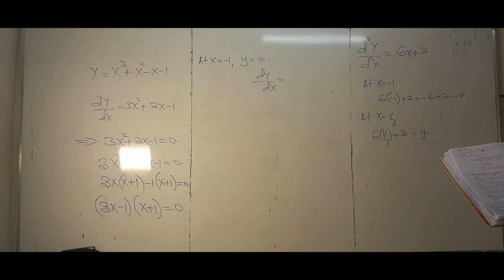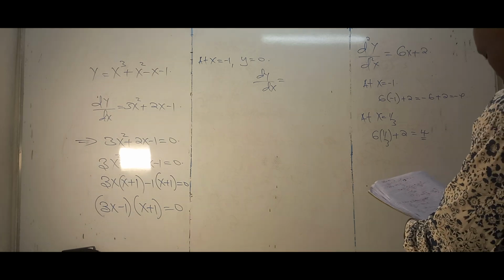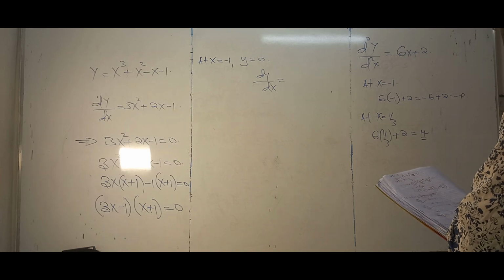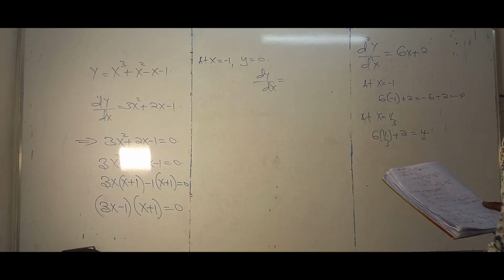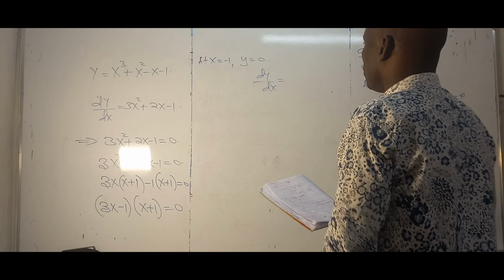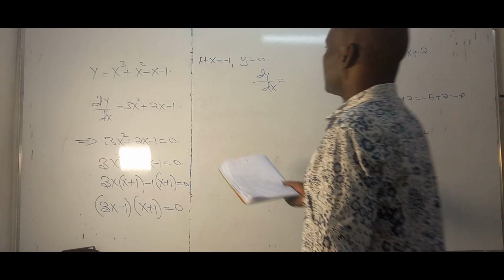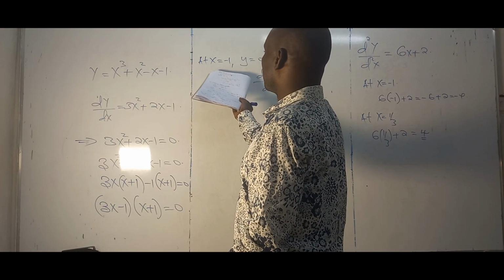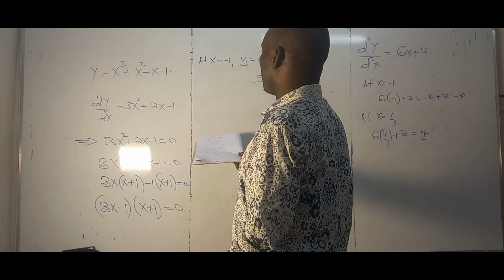Therefore, dy/dx at that point we had to be 4. dy/dx at this particular point is 4.